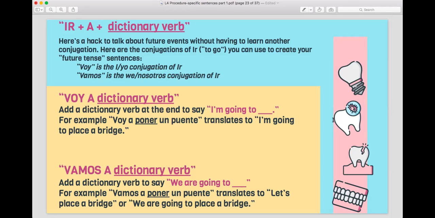So if you just remember voy and vamos, you can get out of conjugating whatever second verb you want to use. So if you want to say, I'm going to do something, you would say, voy a blank. In this case, it's voy a poner, or I'm going to place a bridge, un puente. And if you wanted to say, like, today, patient, we are going to do this, you could say, vamos a poner un puente.